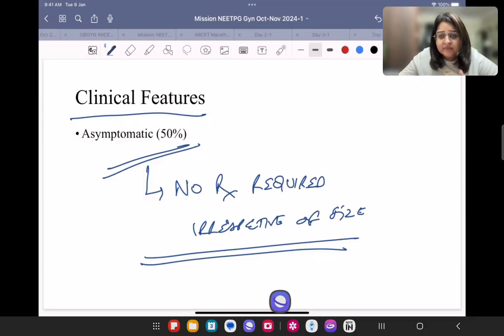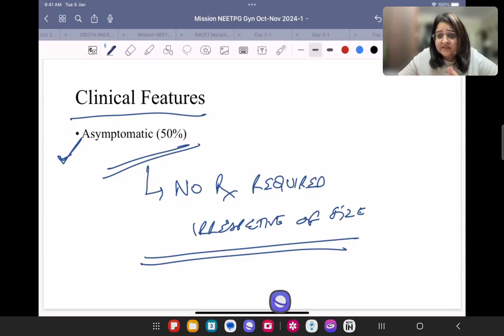Most of the time, the medicine people will call us to come and see the patient, giving a gynae consultation for a fibroid which is asymptomatic. So whoever takes up medicine, after this exam, please don't give gynae people consultation for asymptomatic fibroids. You have to remember this, okay? So asymptomatic fibroid, nothing to do.